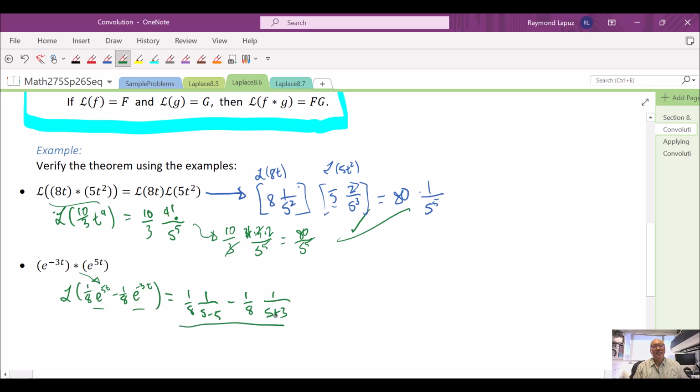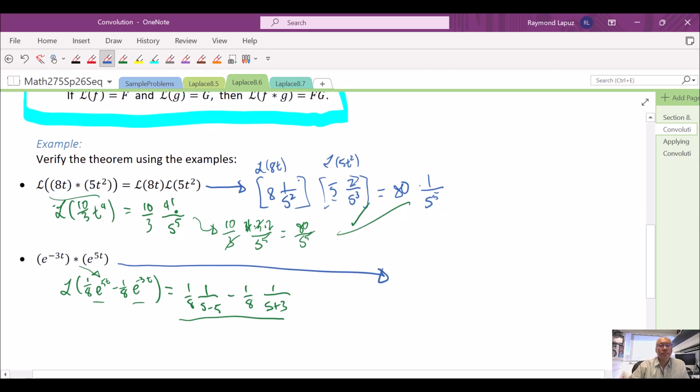Hopefully the other one isn't going to be too crazy. So once we verify this, let's see. Take the Laplace transform of each. So the Laplace transform of e to the negative 3t, and then the Laplace transform of e to the 5t. And then let's just multiply them.